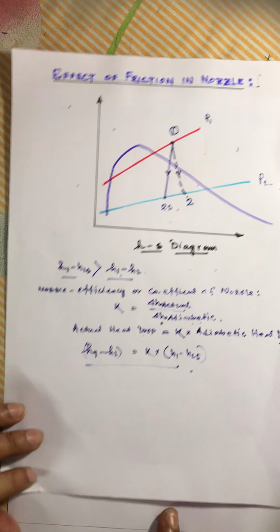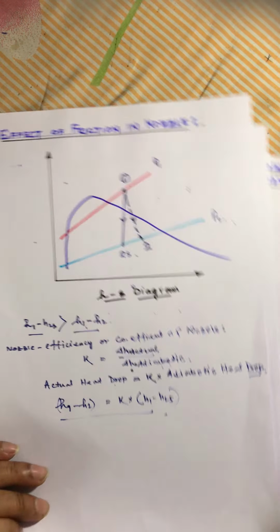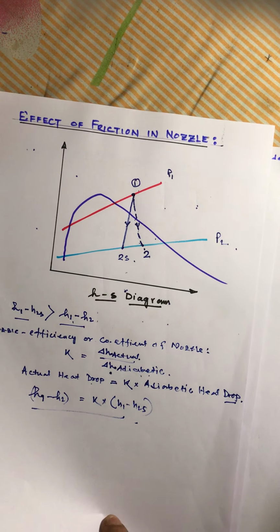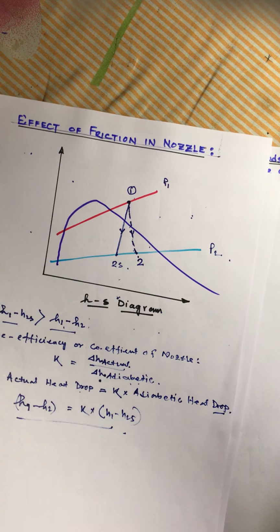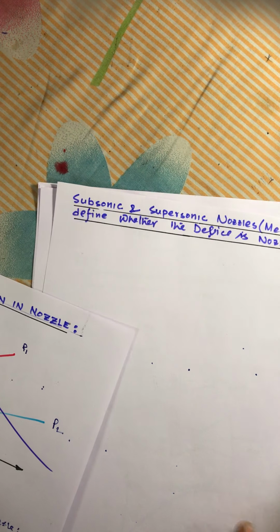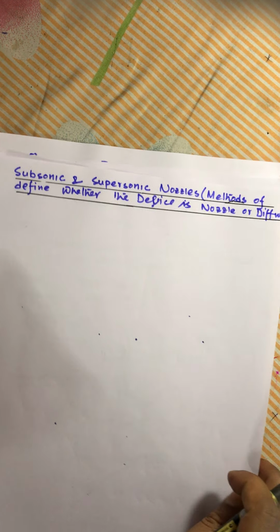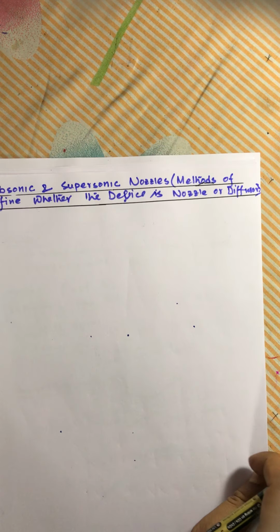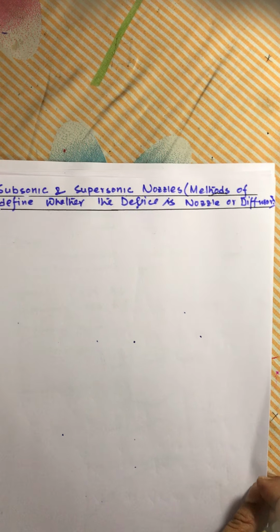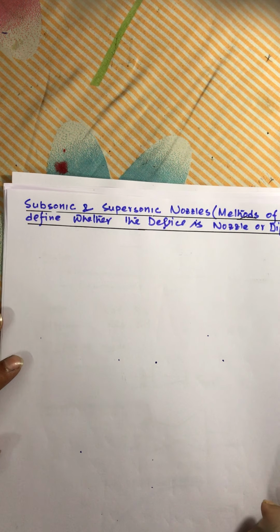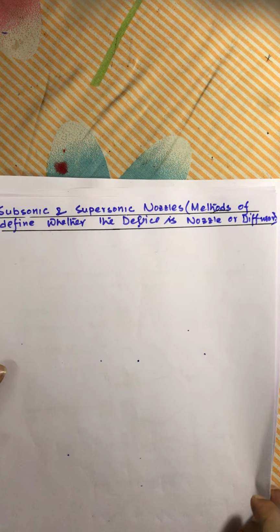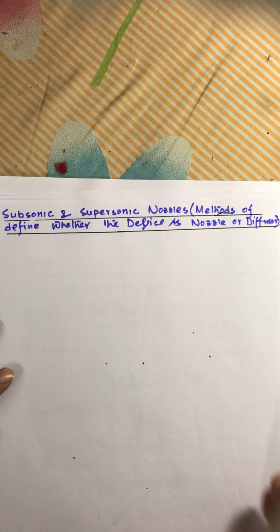Now, next one is the subsonic and supersonic nozzle. You can say the methods to define whether the device acts as a nozzle or diffuser.